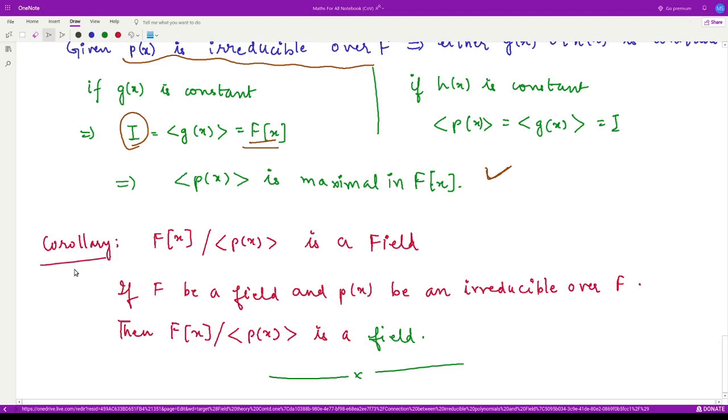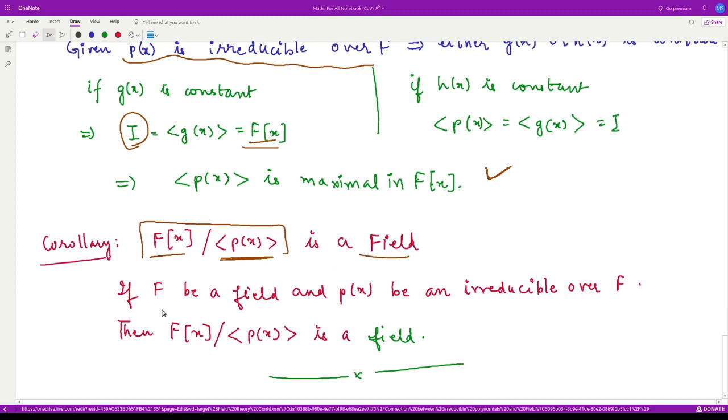Let us see the corollary. Now we are saying this is a ring, this is the maximal ideal, right? Because p(x) is an irreducible polynomial and F is a field, this quotient ring is a field.